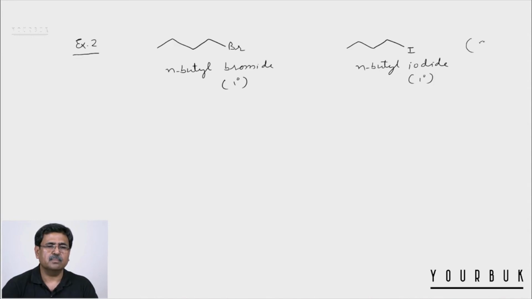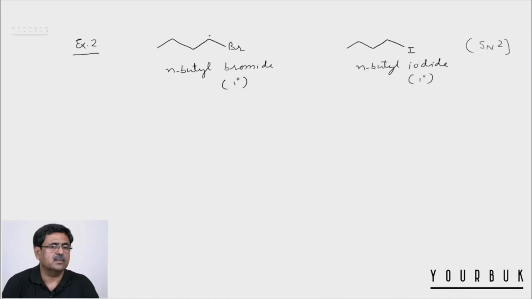So our aim is to compare the reactivity towards SN2 reaction. Once we say it's SN2, you should remember that in SN2 the nucleophile attacks at the alpha carbon from the backside, right? Once the nucleophile attacks, the halogen has to leave as X negative.